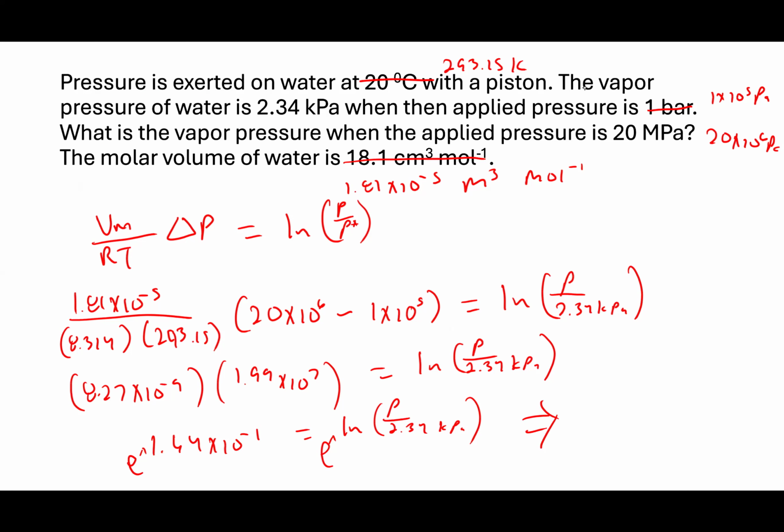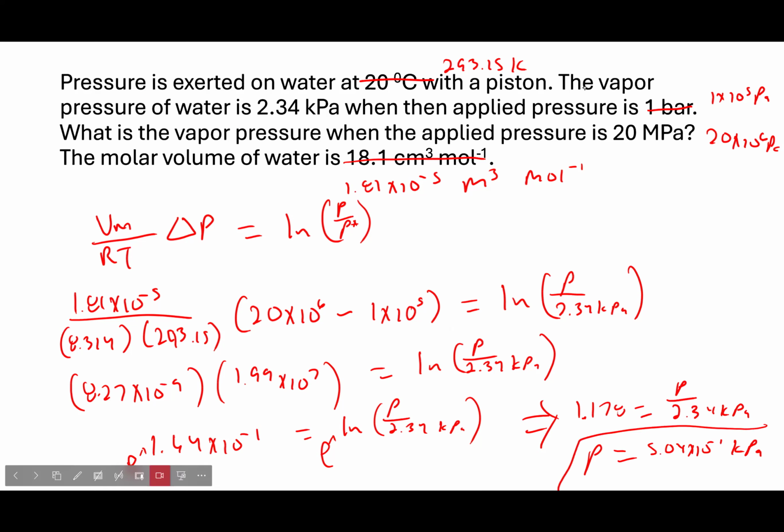E to the power of 1.64 times 10 to the negative 1 is going to be 1.178, and 1.178 equals P over 2.34 kilopascals. And when you do that, our new vapor pressure is going to be 5.04 times 10 to the negative first kilopascals, or basically 0.5 kilopascals.